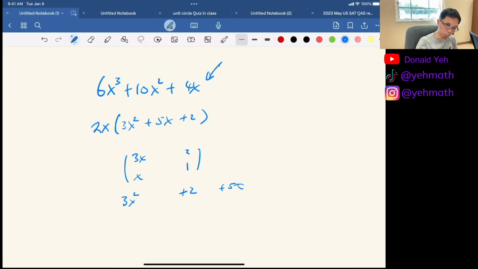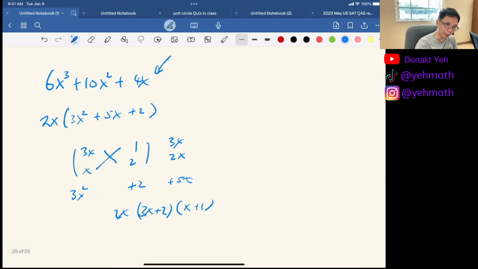No, you want to do it the other way. Sorry. 1 and 2. So that's going to be 3x and 2x, and that's going to give you 5x. So you have to be careful. It looks like the other one, but it's not. So this one is going to be 3x plus 2 and then x plus 1, and 2x.